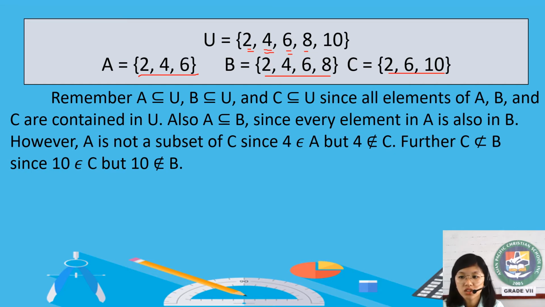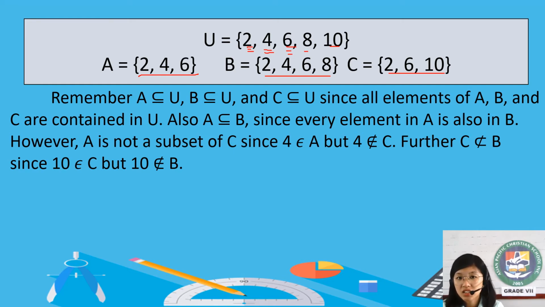And we have here 2, 6, and 10. That's why yung mga A, B, and C are subsets of the universal set. Also, A is a subset of B, since every element in A is also in B.